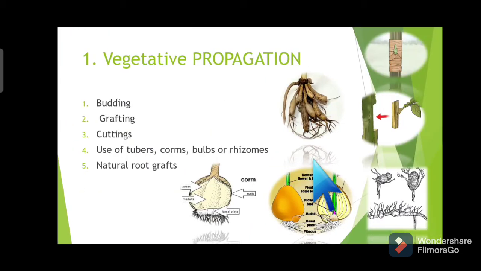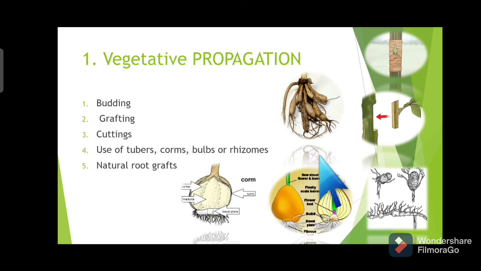The first means by which plant viruses are transmitted from an infected plant part to a healthy plant part is through vegetative propagation. A large number of plants are propagated vegetatively by budding.